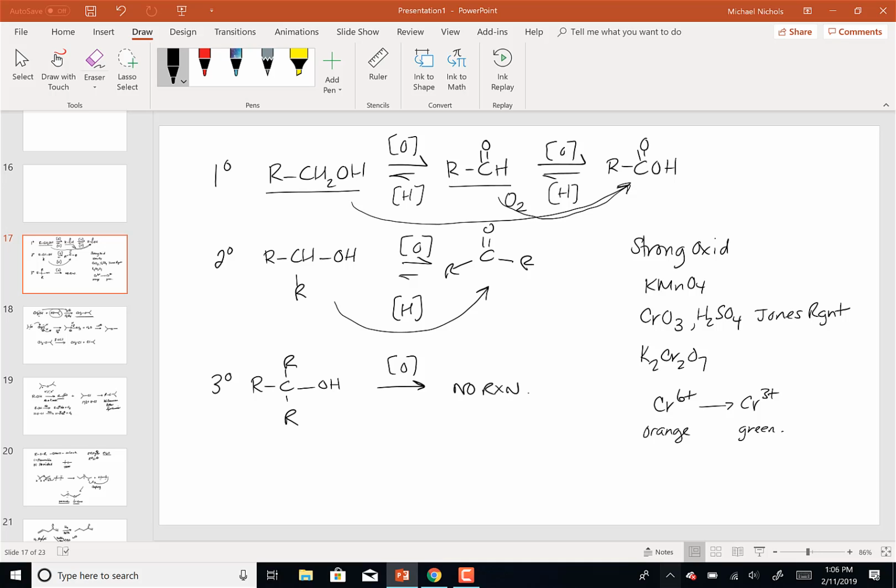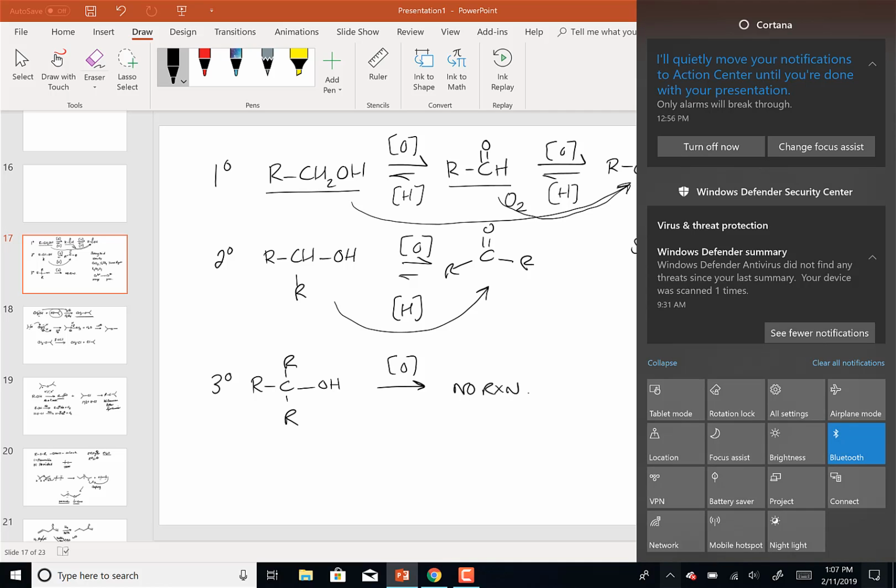Something very easy would be to add a little sodium bicarb to it, a couple drops, and if it fizzes, it's the carboxylic acid. So these are the qualitative methods that we had to use to figure out identities of molecules or figure out functional groups before we had things like IR and NMR. So that's the usefulness of those. The KMnO4 is purple.